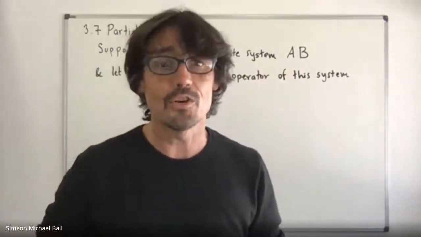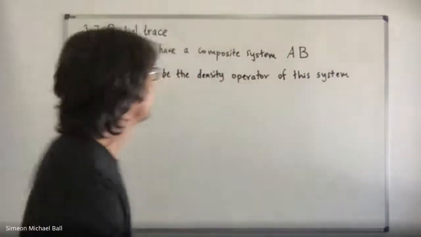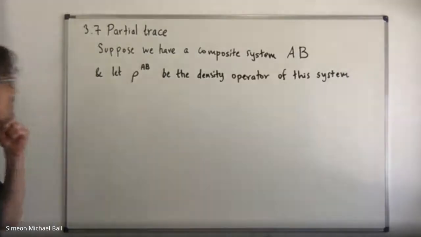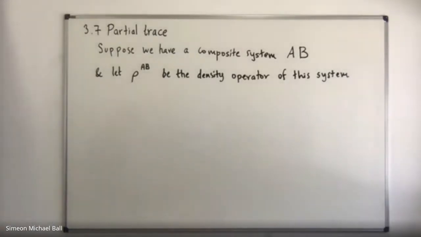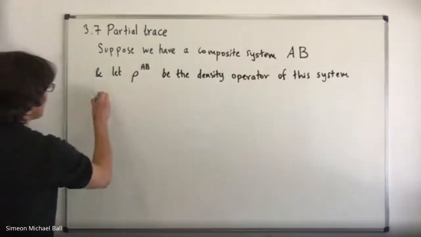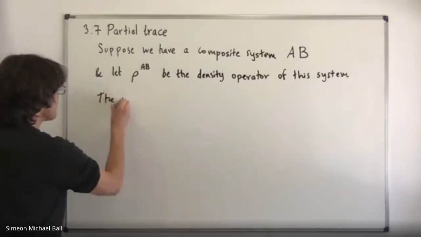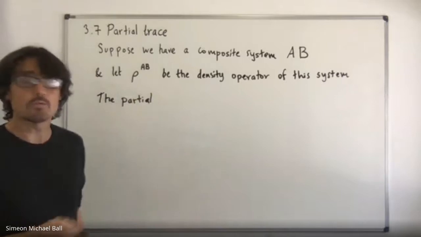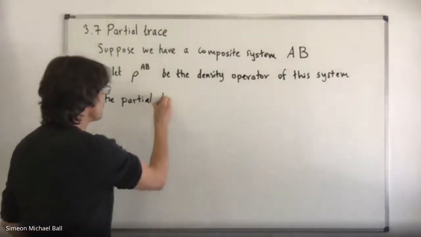Okay, so how should we define this? So this is like the partial trace. Well, I'll give you the definition and then we'll look at some examples. And I think with the examples you'll see, oh yeah, of course, that's the way to do it.